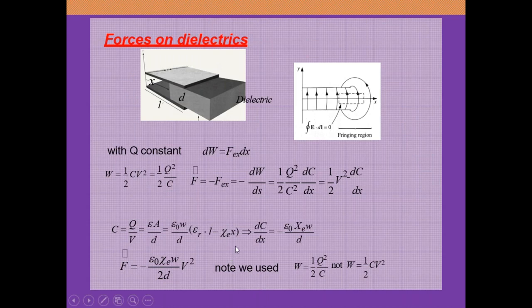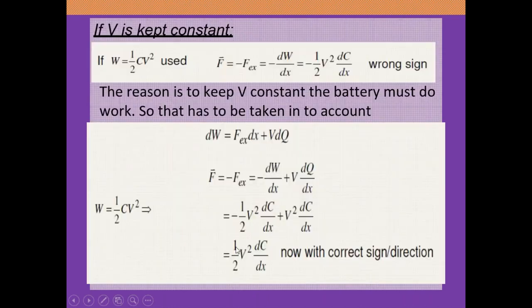Now this is what we do. And if V is kept constant, then we use this. The reason is that to keep V constant, the battery must do work, so we have to take account of the correct sign and direction.